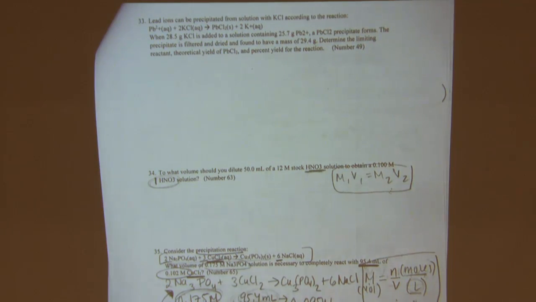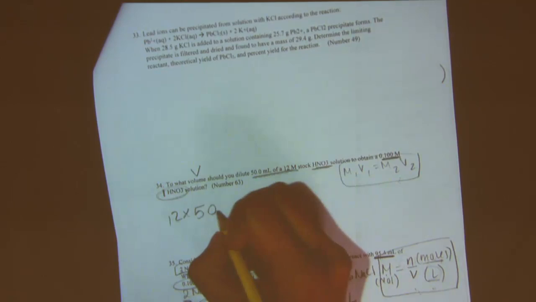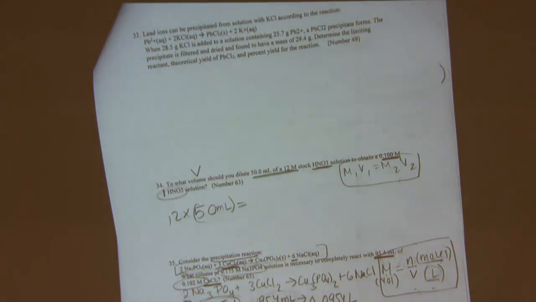Okay, so let's plug and chug, right? They give us these two values, and they want us to find volume. So what do I do? Someone just tell me, because it's really simple. What do I multiply together? Okay, 12 times 50. Just know that you're dealing with ml, so your answer will also be in ml.